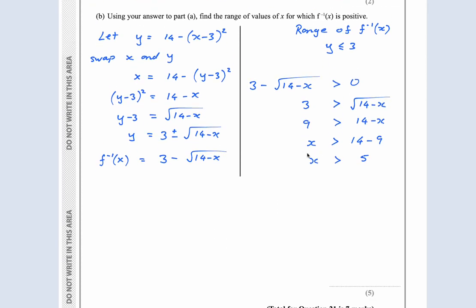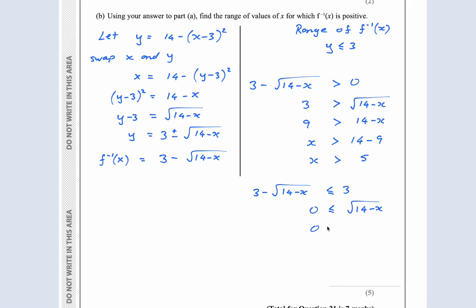So another little condition, I'm going to say 3 minus root 14 minus x has to be less than or equal to 3 because of what I said here. Same kind of thing, I'm going to add this to the left. 14 minus x is greater or equal to 3 minus 3 is 0.